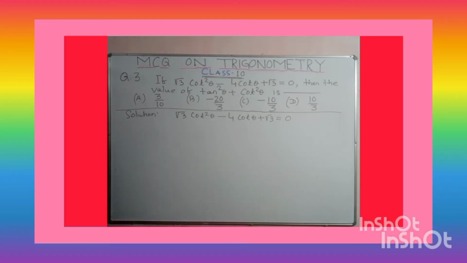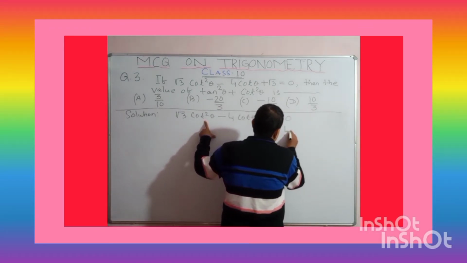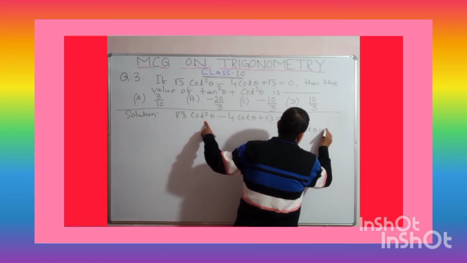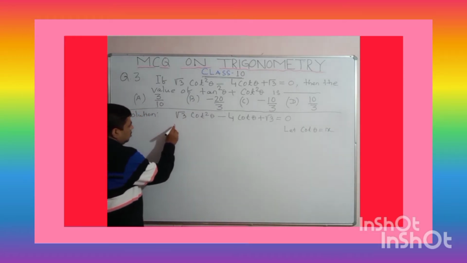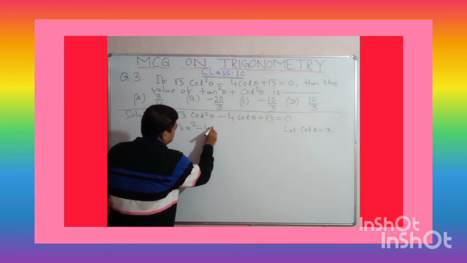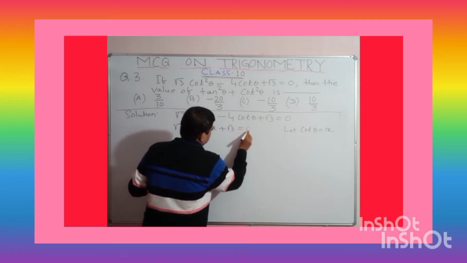Is it clear? So let cot theta be x. So root 3x square minus 4x plus root 3 is equal to 0. We are getting a quadratic equation.